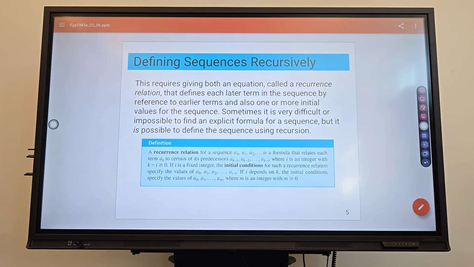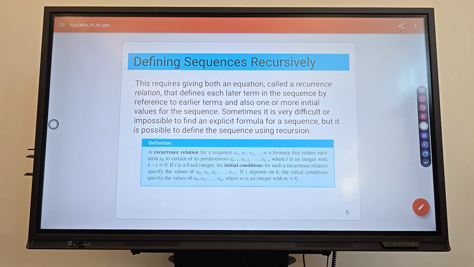Definition. A recurrence relation for a sequence, A for example, is a formula that relates each term A sub k to certain of its predecessors, like A sub k minus 1 or A sub k minus 2, etc. If i is a fixed integer, the initial conditions for such recurrence relations specify the values of A sub 0, A sub 1, A sub 2, all the way up to A sub i minus 1.